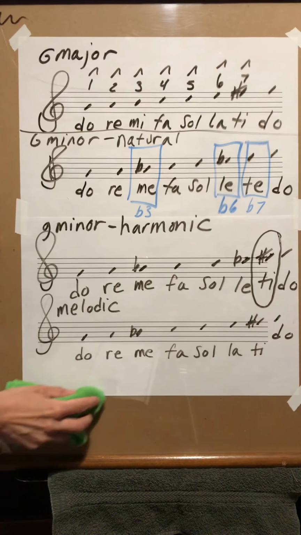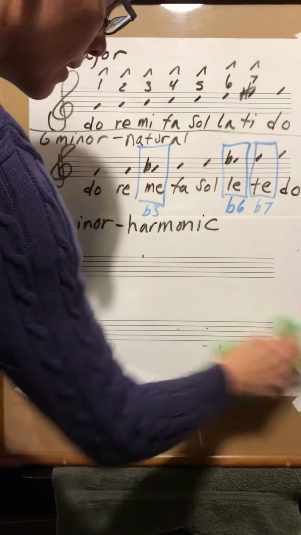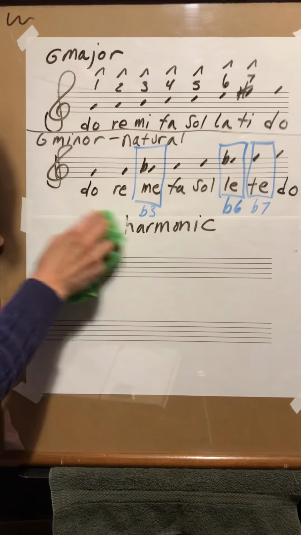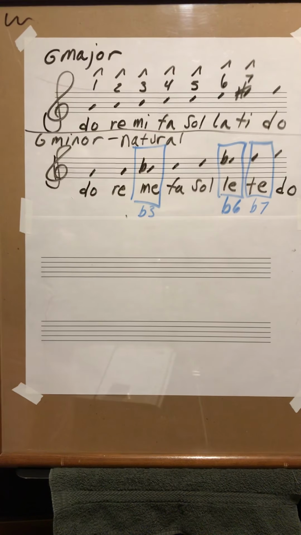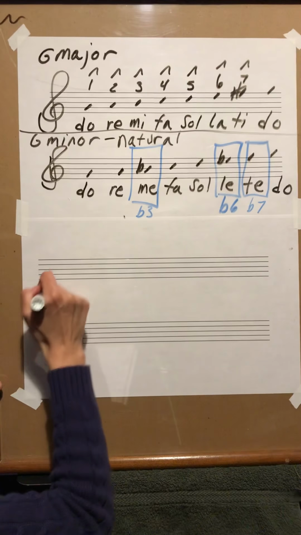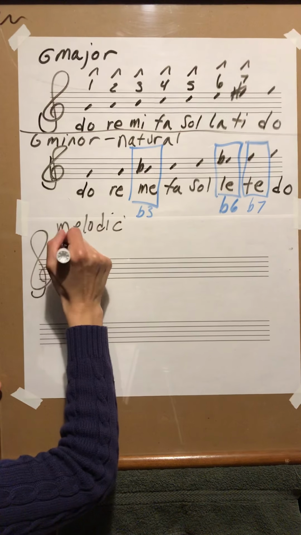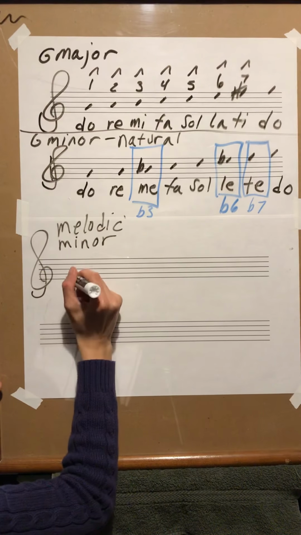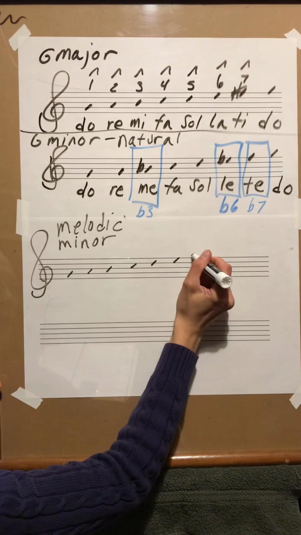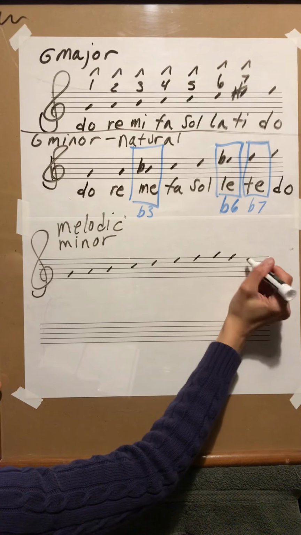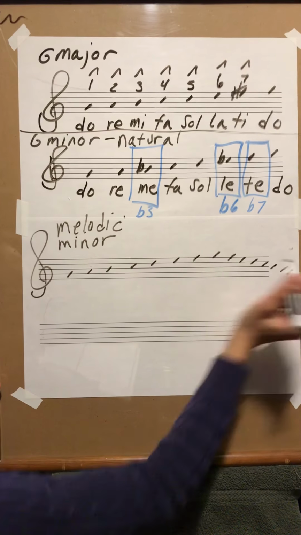So let's actually, you can just continue in your staff. I'm going to try to squish mine all in once. It's going to be a little smaller. Let's do the whole form of it. I knew I'd run out of room, but that's okay.